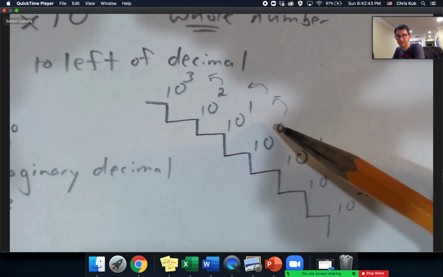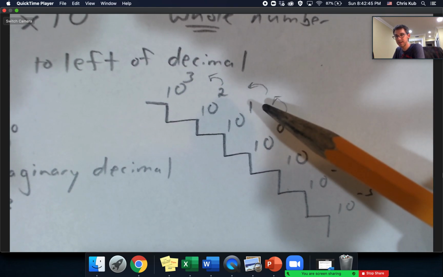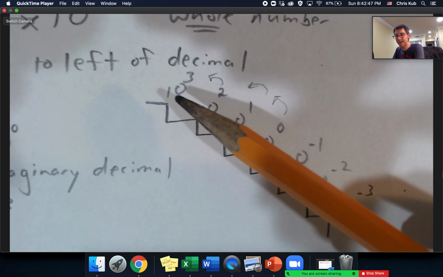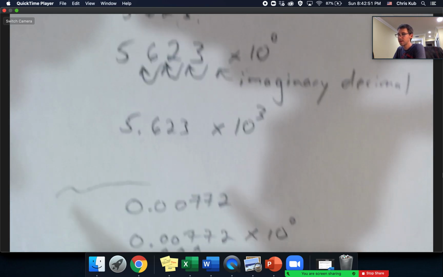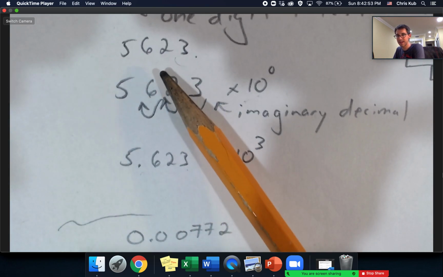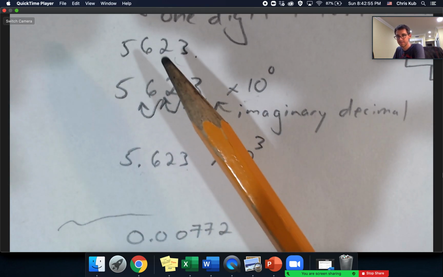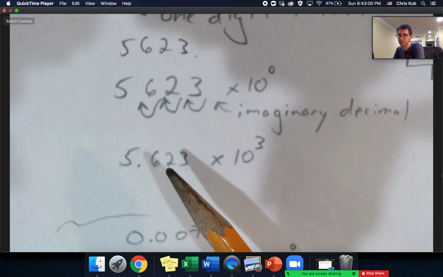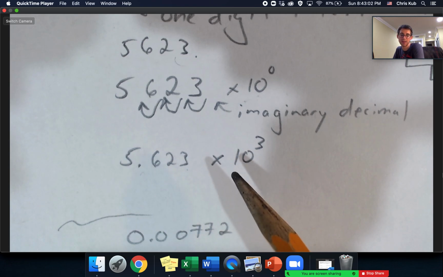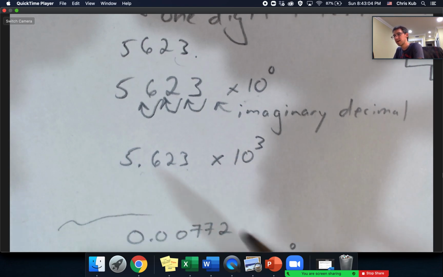If you had a 10 to the 0 and then you move the decimal 3 times to the left, that would become times 10 to the 3. So you can see this number is the same as that number. This is 5,623, and this is 5.623 times 1,000. So that's the exact same value.